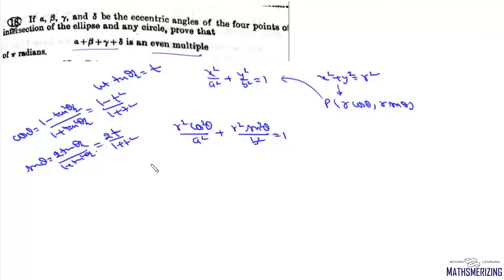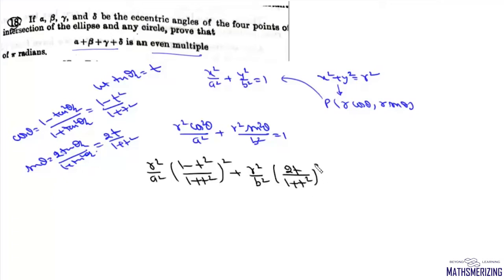So we can write this equation as r square upon a square into (1 minus t square upon 1 plus t square) whole square plus r square upon b square into (2t upon 1 plus t square) whole square, and it is equal to 1. So we'll simplify it.